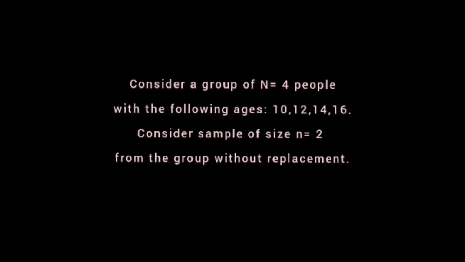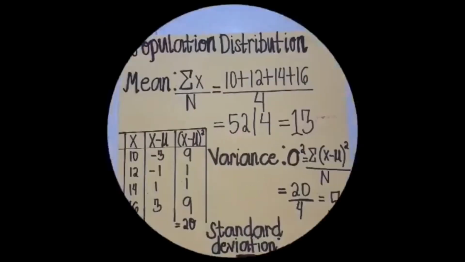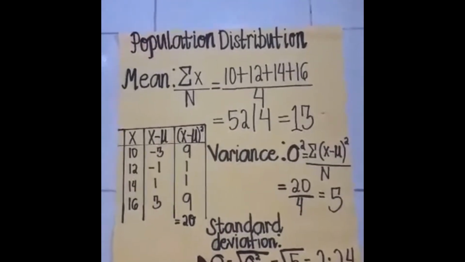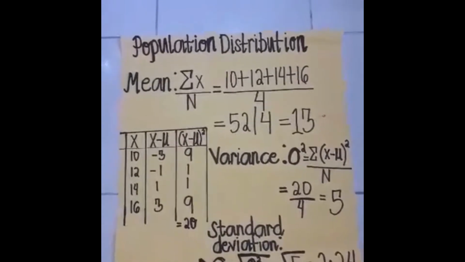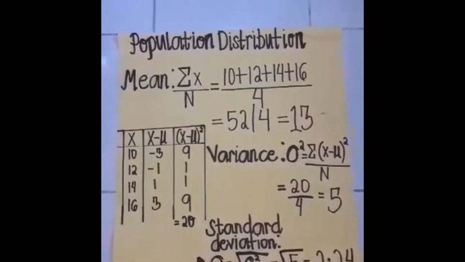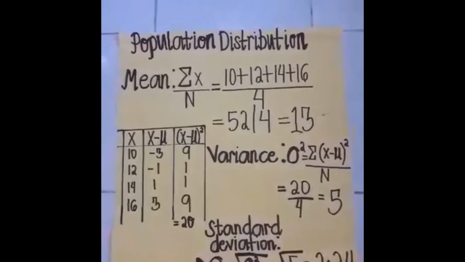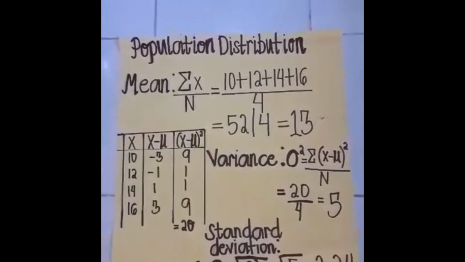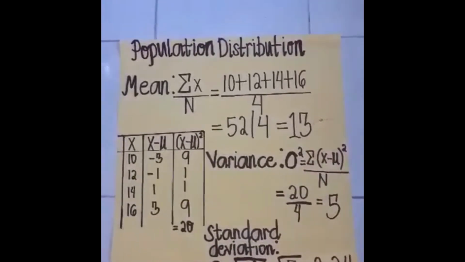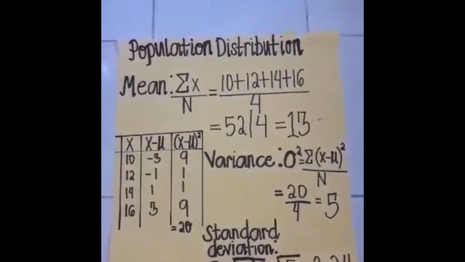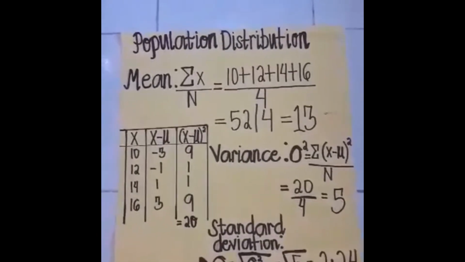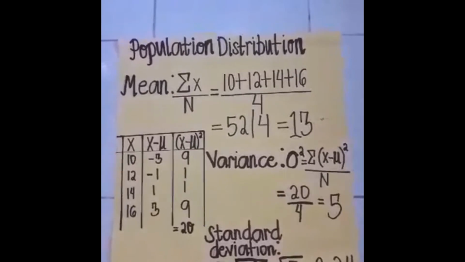And consider samples of size n equals 2 from the group without replacement. So, as you can see, nakaready na siya and sinulat ko na siya lahat-lahat. But I'm going to discuss it para mas maintindihan ninyo, of course, one by one, kung paano ko ba nakuha yung mean, variance, and standard deviation nitong example natin dito sa population distribution.